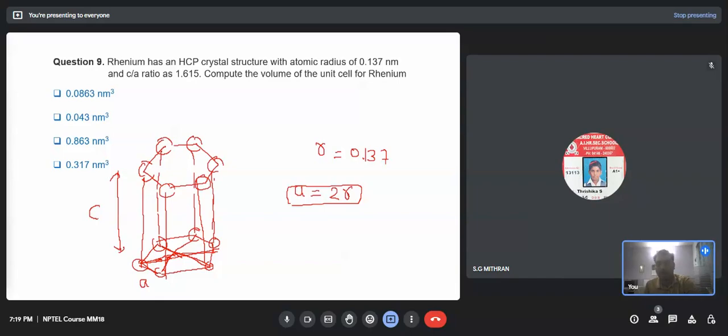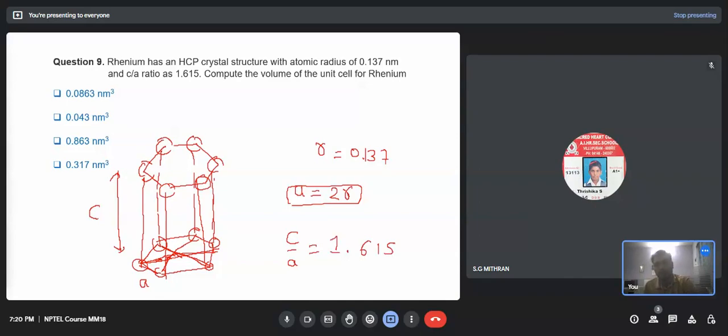After that, we have to find out C value, since C by A is equal to 1.615.